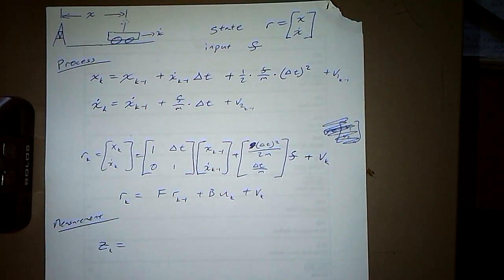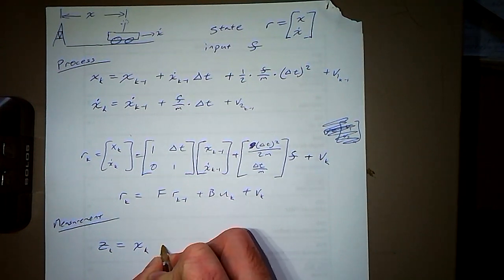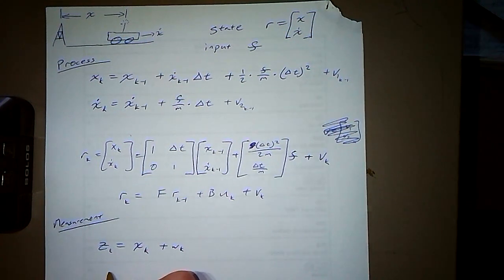We're going to say we'll measure that directly, so it's equal to x of k. And then there's going to be some error in that, so plus w of k. And so this is equal to the matrix H times the state vector R plus w k.